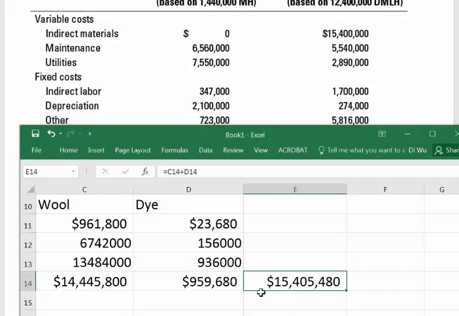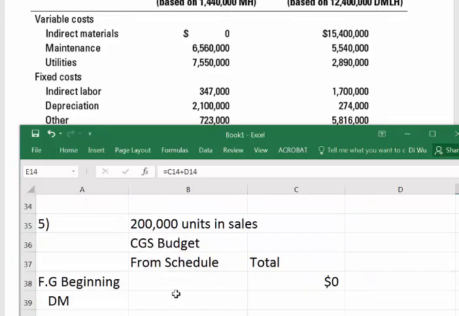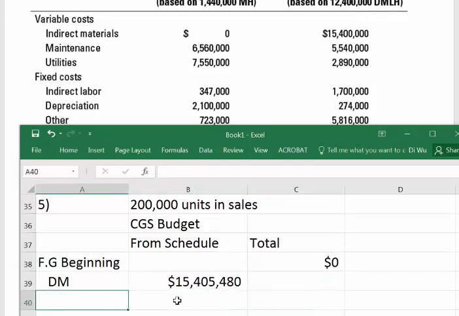That's the number I'm going to use for my direct materials usage because I'm calculating the CGS, so this will be the dollar amount 15,405,480.